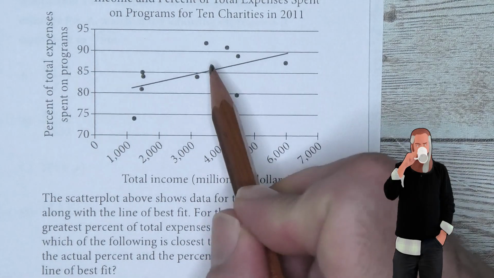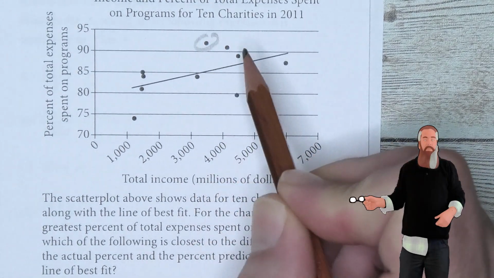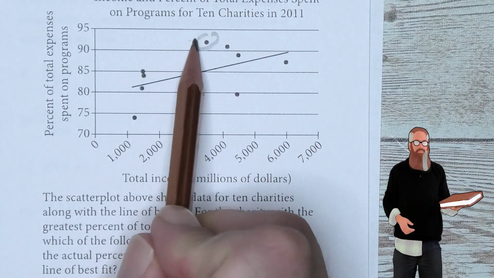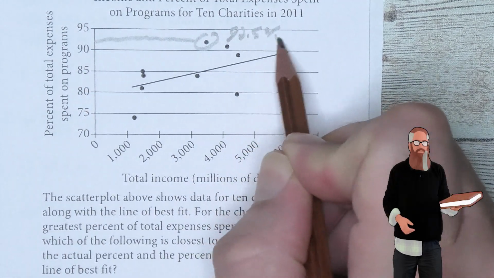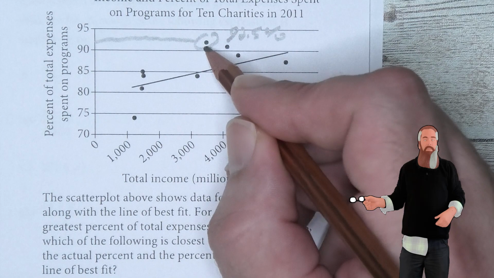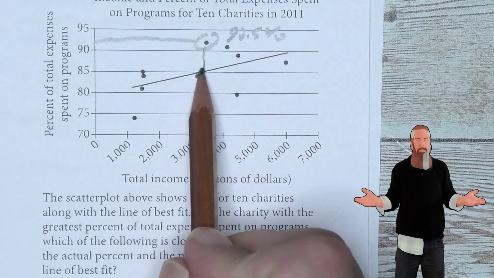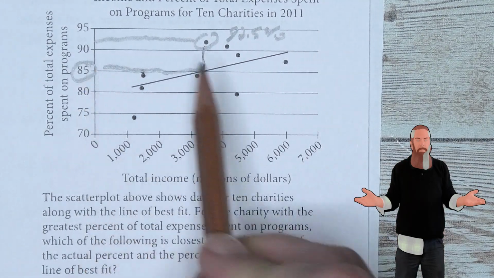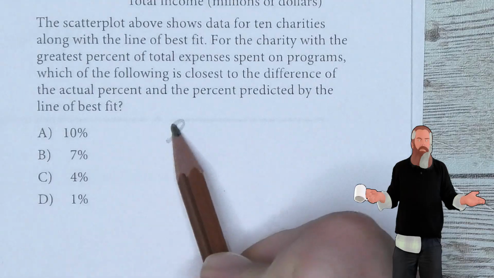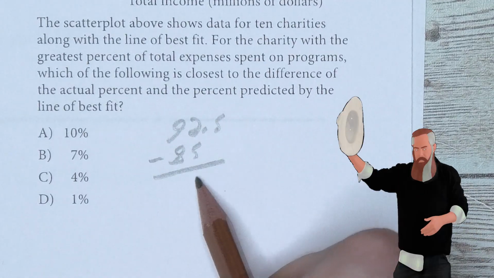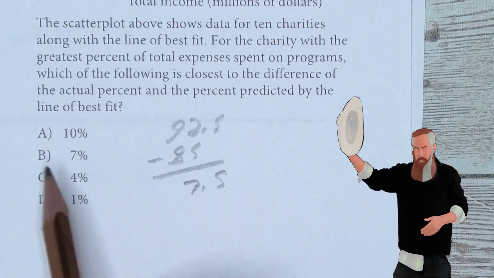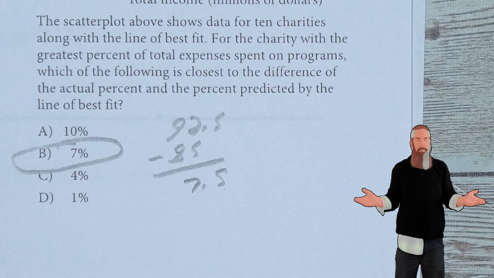So looking at this, we see this is the absolute highest point, and just tracking that over, we wind up with 92.5%. If I track this down, I can see that it's predicting 85%. So 92.5% minus 85% will give us 7.5%, which is closest to 7%.